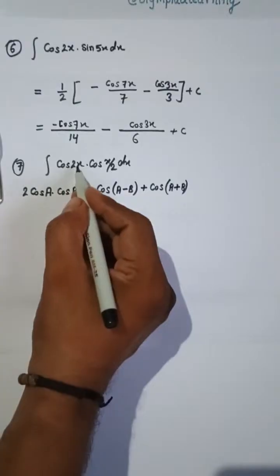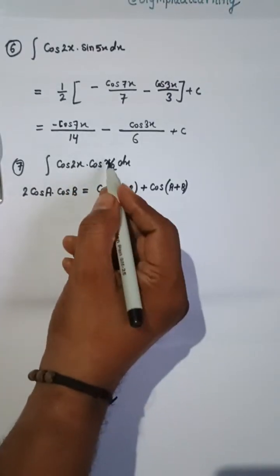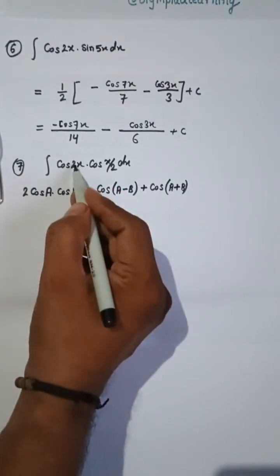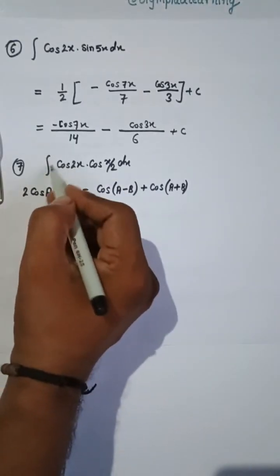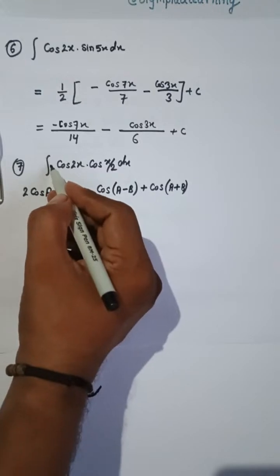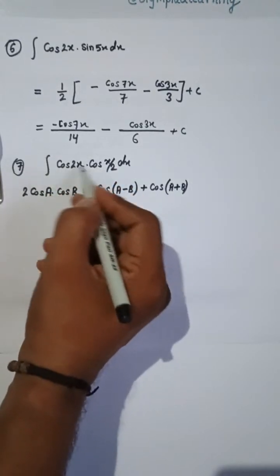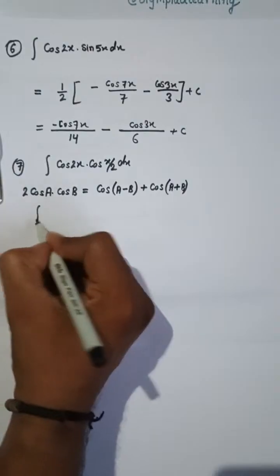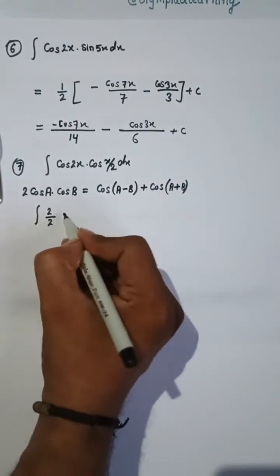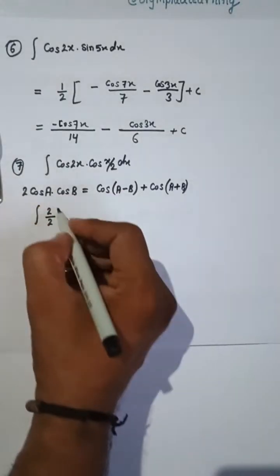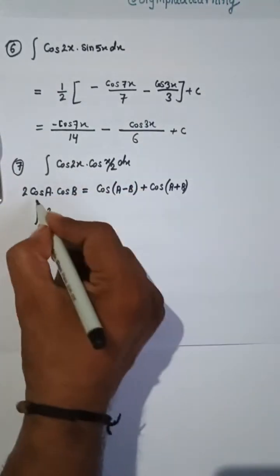But here you can see that 2x is there and here x by 2. So instead of a we have 2x and instead of b we have x by 2. But 2 is not there. That's why I'm going to multiply this term with 2 and divide it by 2, so that we can achieve our transformation with this formula.